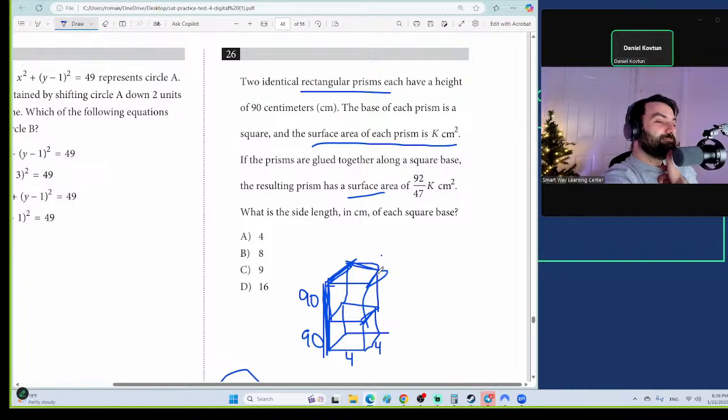So 92 over 47 is the surface area of this new figure that I drew, one on top of another. It's the surface area of everything, plus you're missing one of the bottoms. So why do we even need 90? That's the whole question.